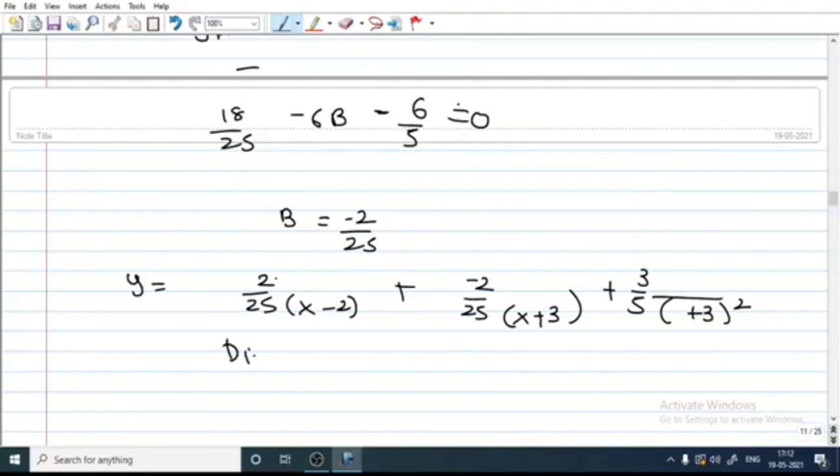Now what we have to do? Differentiate y with respect to x n times.